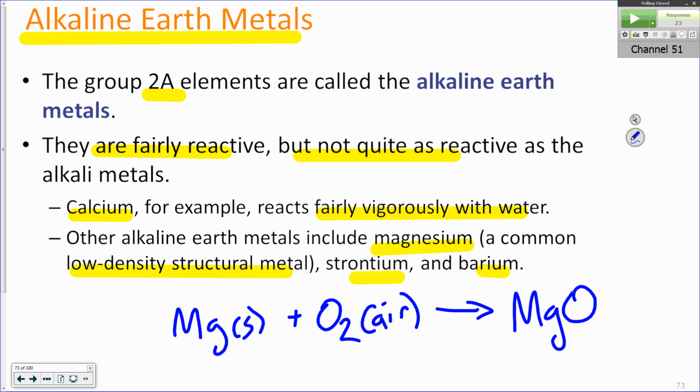I know that's not balanced, but the key thing is that it's not traditional fire like we think about it, but it's giving off a tremendous amount of heat and energy.